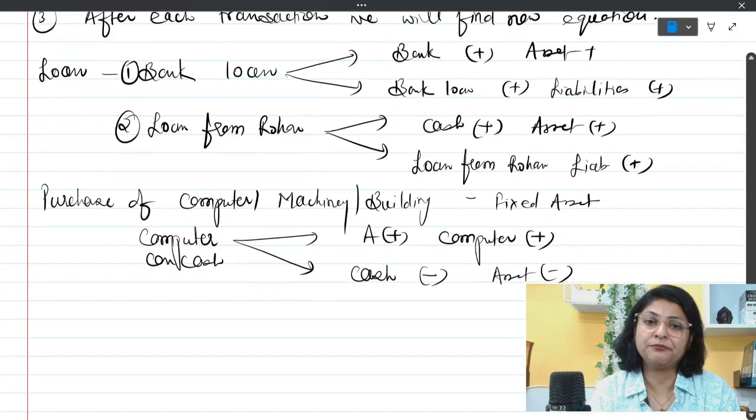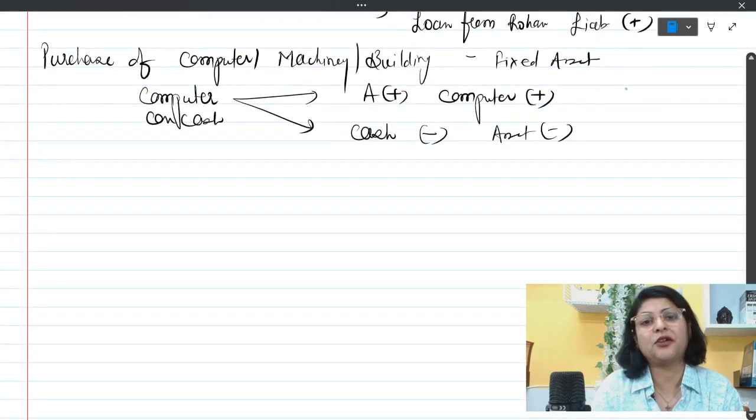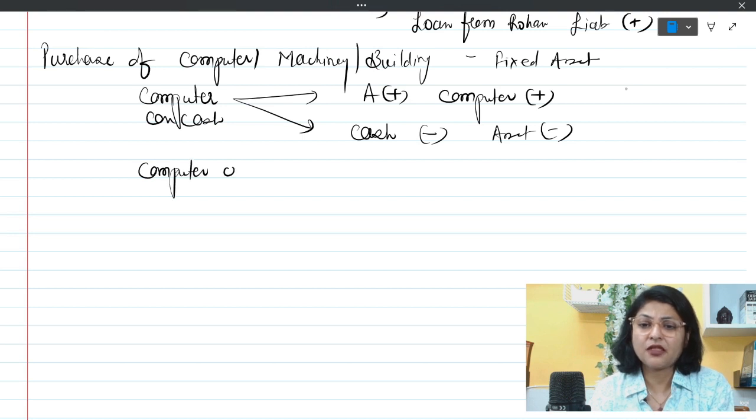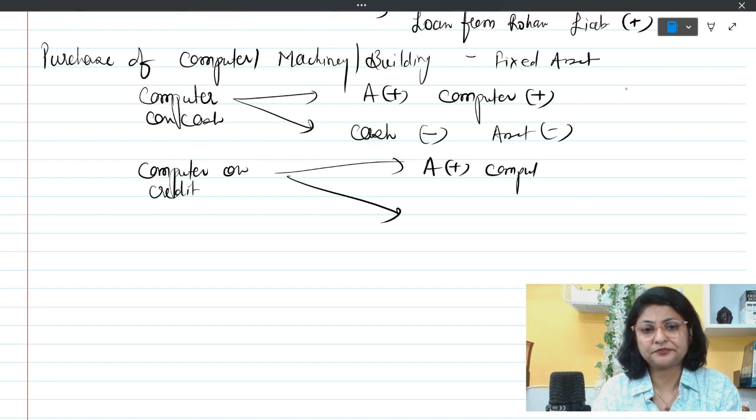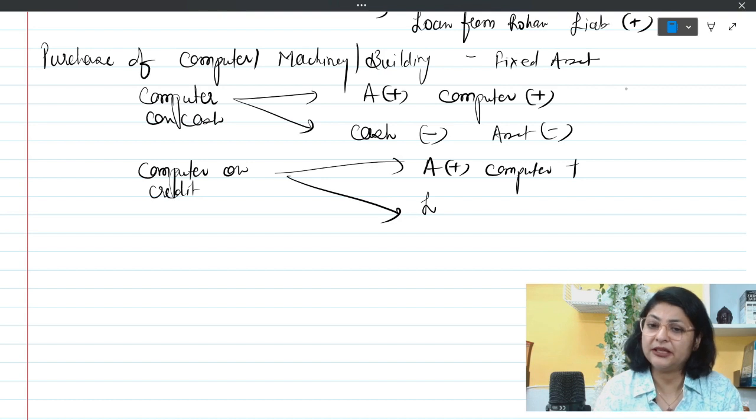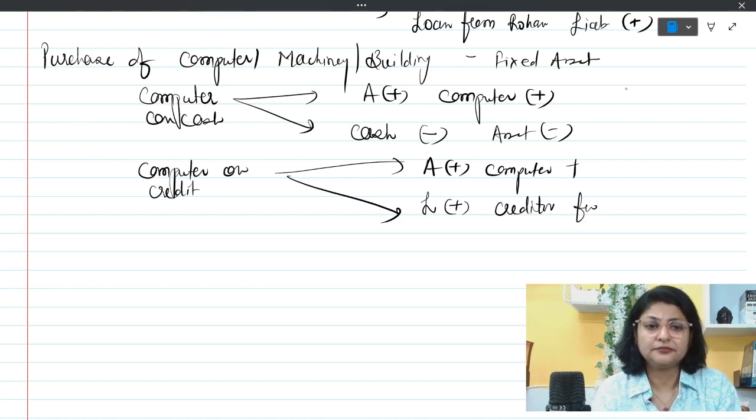For example, computer is bought on credit basis from XYZ vendor. So computer on credit, so again we will have an asset increasing, computer will be added. On the other hand, liability means the creditor is going to increase. So creditor plus here we will write creditor for computer, like this.